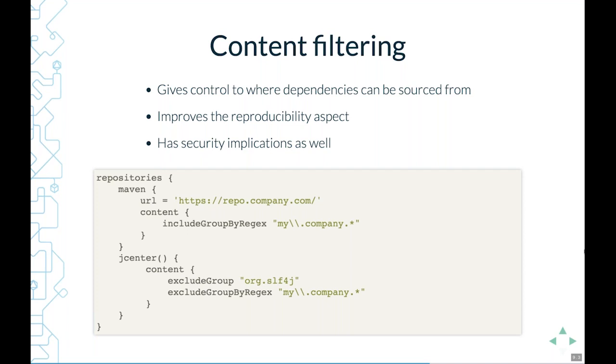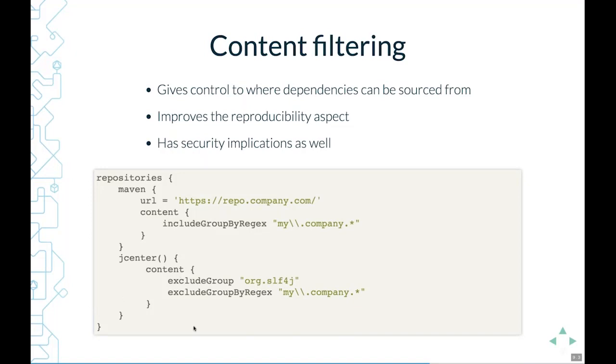So it's not worth checking different dependencies. You won't find them. So it's good for performance because it's going to be faster. And it's also good for security because I'm putting this one first. So I know that if Gradle finds something with my.company, it is only going to be found in this one.